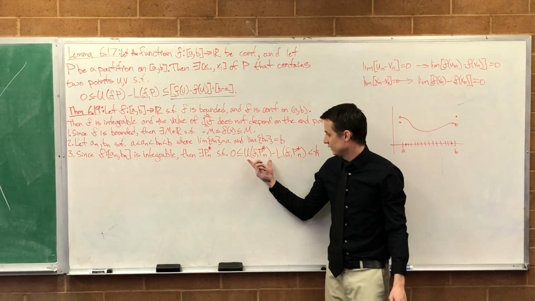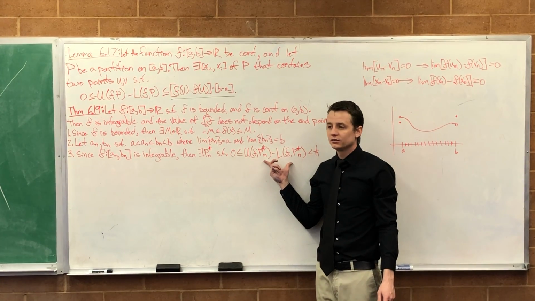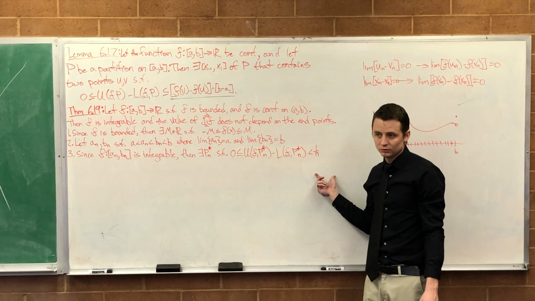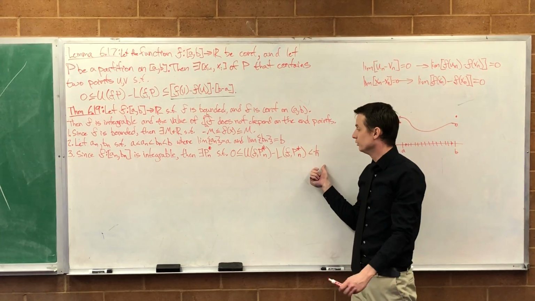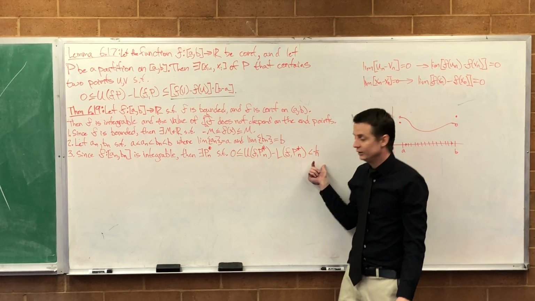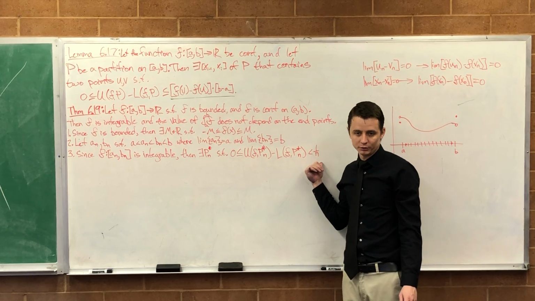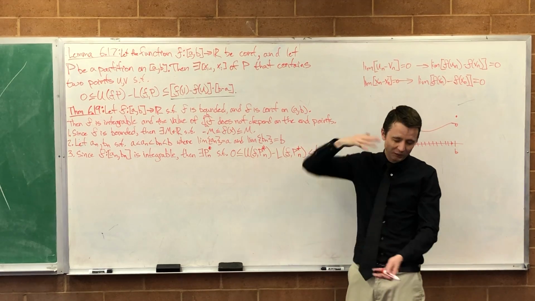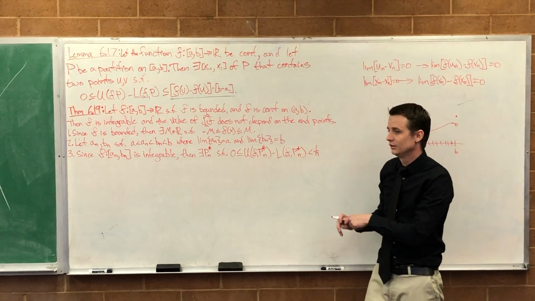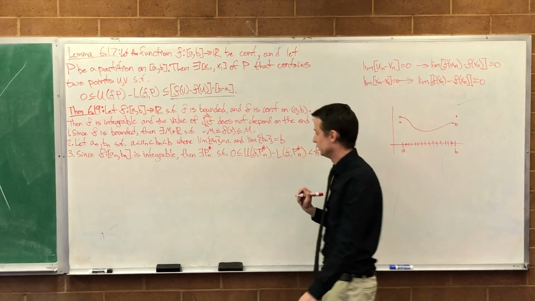Since I know that the difference of these converges to 0, I know that for any small number you choose, I can find a partition that makes this less than that small number you chose. Going back to think about the way we thought about limits. Okay, so that's how that one's ultimately going to be justified.